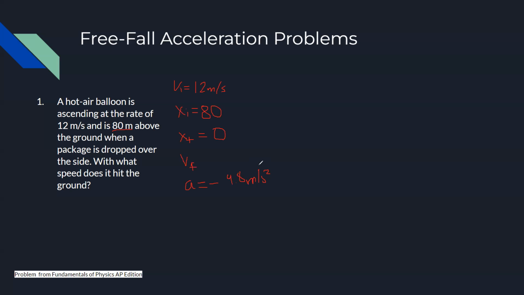So let's find the kinematic equation that may work for this. So why not let's use v squared equals initial velocity squared plus 2 times acceleration times x minus x0, or x initial. So basically you have to just solve for velocity.